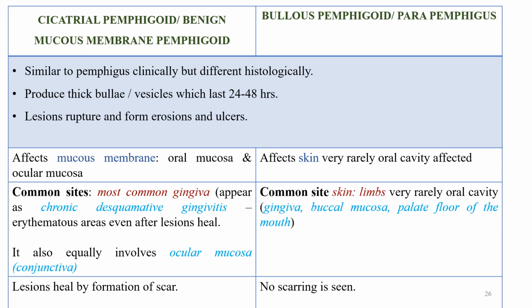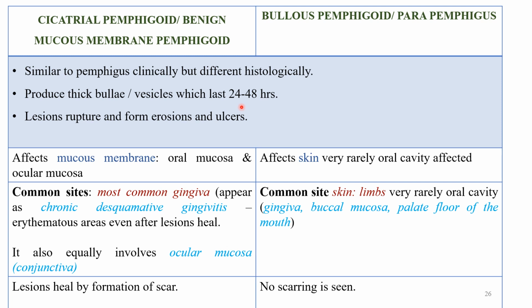Coming to the pemphigoid lesions, that is cicatricial pemphigoid and bullous pemphigoid, let us discuss by comparing the similarities and dissimilarities between them. Coming to the similarities, both of these lesions are similar to pemphigus clinically, but they are different histopathologically. Both of them produce thick vesicles or bulla which stay for at least 24 to 48 hours in the oral cavity, whereas in pemphigus, they are flaccid bulla which immediately rupture.